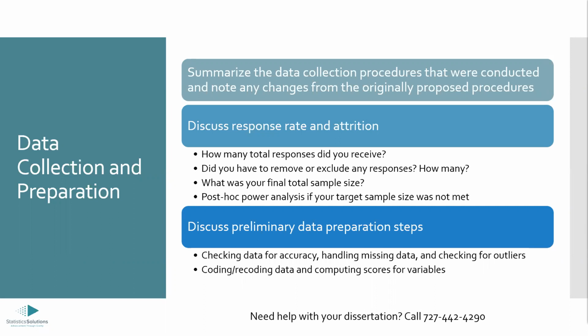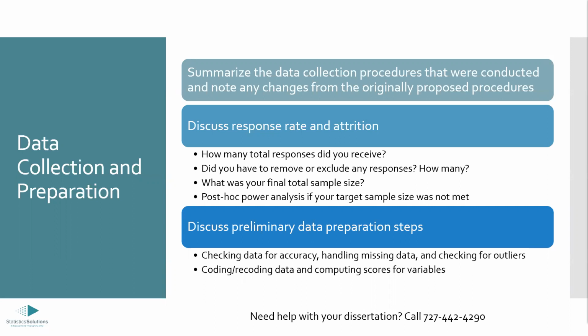So after you've talked about the data collection procedures and how they were actually carried out, you'll want to discuss your sample and the response rate and attrition. So for instance, if you're doing a survey study, you'll want to talk about how many total survey responses you received. You'll want to talk about then any attrition or any reasons you may have to exclude certain responses.